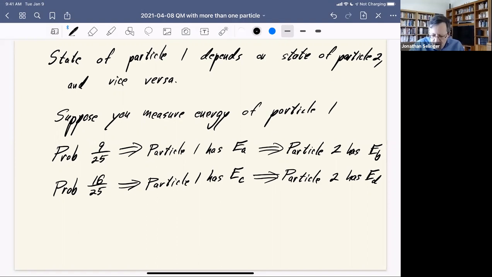Okay? And the word we use for that is that the particles are entangled.